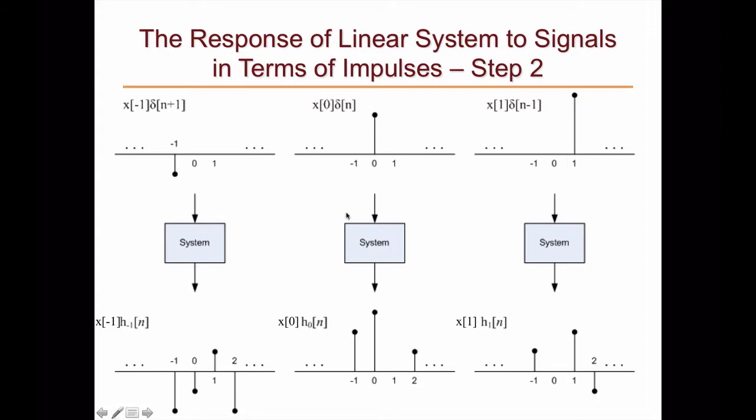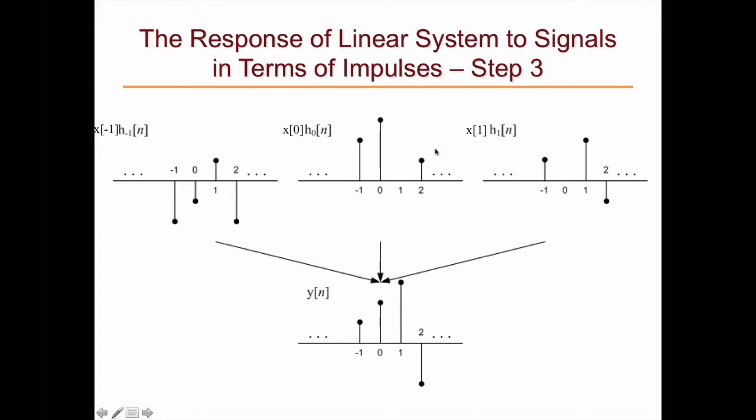Then for each of these, we get the response. The response will be the impulse response multiplied by the scaling of these signals. In the last step, we sum the individual outputs together to get the final output.